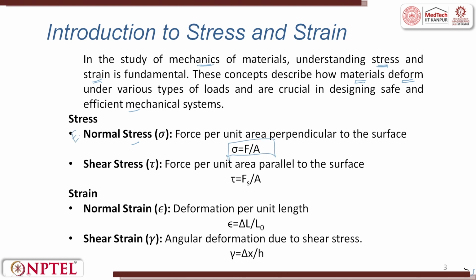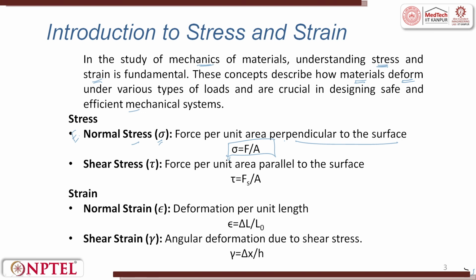This is engineering stress, right? Normal stress, engineering stress, or only stress, is represented as sigma. Sigma is nothing but force per unit area perpendicular to the surface. This is very important. If there is an angle, then the cos theta term comes into effect. Please keep that in mind.